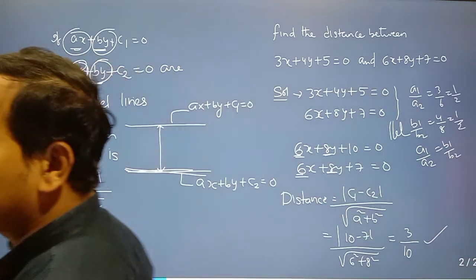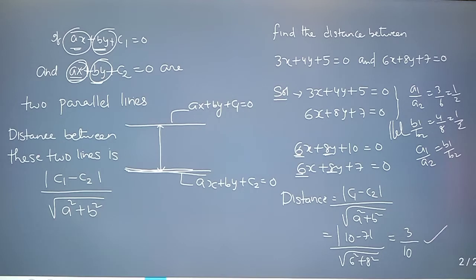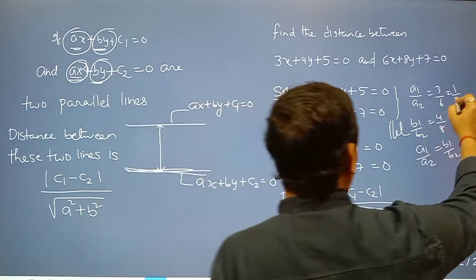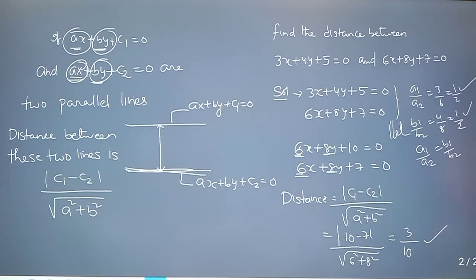Before you find the distance between the parallel lines, observe that the x coefficient and y coefficient of both lines must be equal. Then only can you apply this formula. Otherwise, you can't apply this formula. In the given question, clearly these two are parallel lines because the ratios are equal. Here a1 by a2 is equal to b1 by b2, both are 1 by 2.